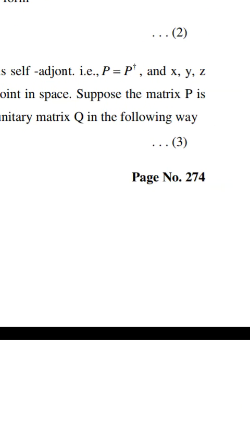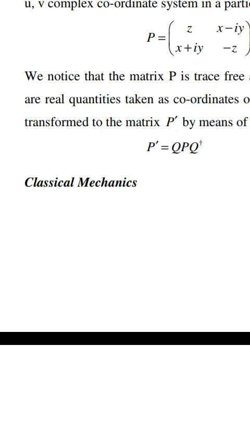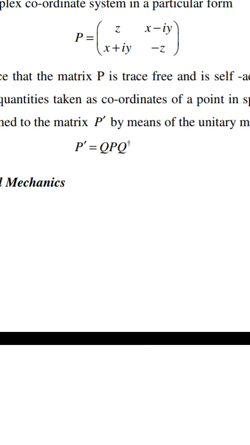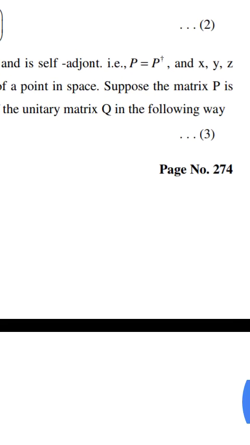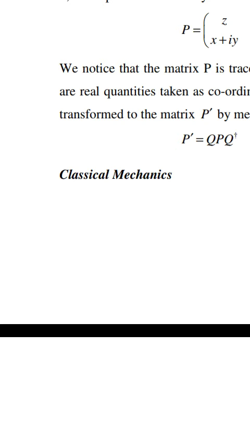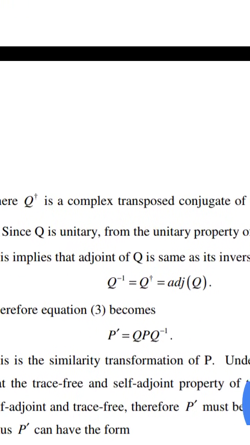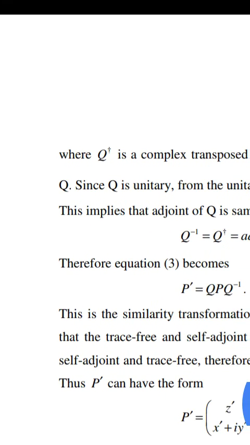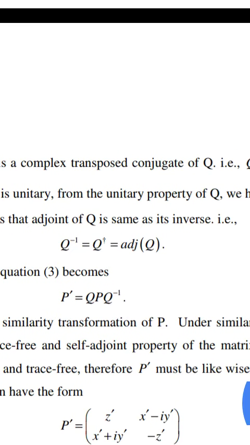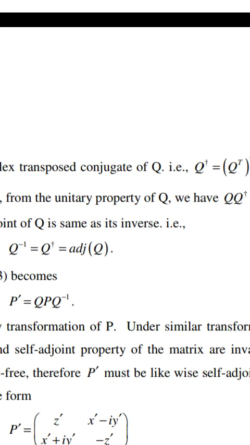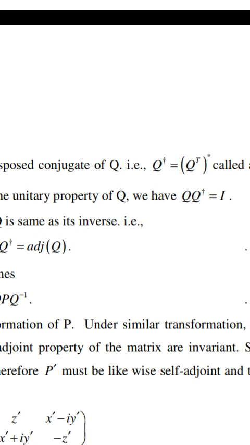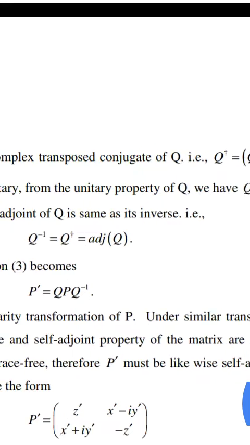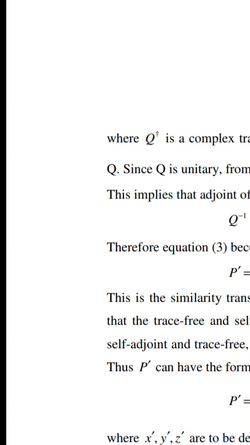Suppose the matrix P is transformed to the matrix P dash by means of the unitary matrix Q in the following way: P dash is equal to Q P Q dash, where Q dash is the complex transposed conjugate of Q, Q dash is equal to Q transpose star, called the adjoint of Q.